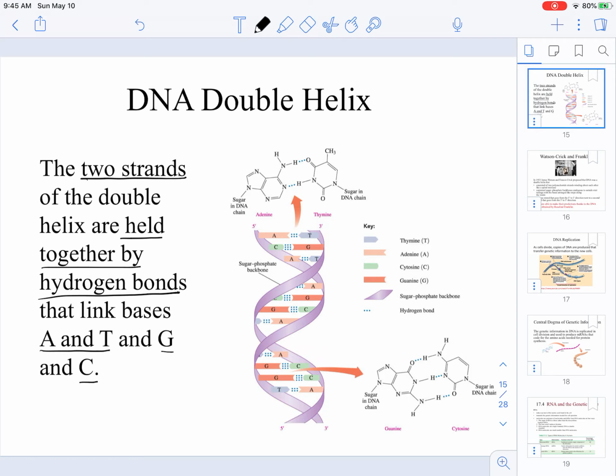Notice that the strands in the double helix in DNA are going to be anti-parallel. Which means that one strand runs in the 5' to 3' direction, while the complement of it runs in the opposite direction, 3' to 5'.